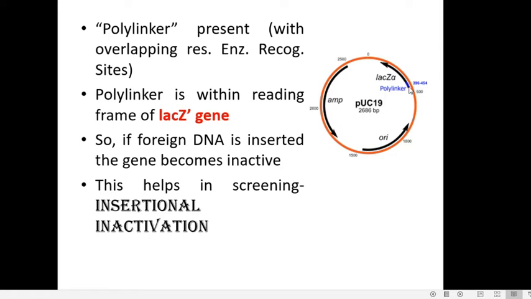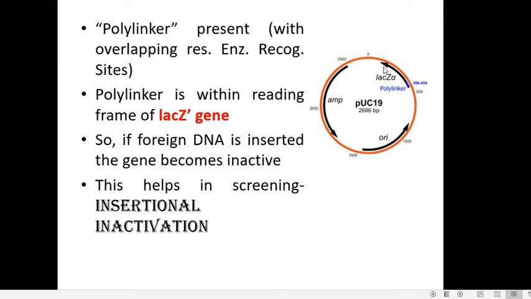Now, the second thing is that the polylinker is actually a collection of recognition sites for various restriction enzymes which are present in an overlapping manner. But this polylinker sequence is within the reading frame of the gene called the LacZ or LacZ-alpha gene, which means that any gene will have a unique sequence of its own.